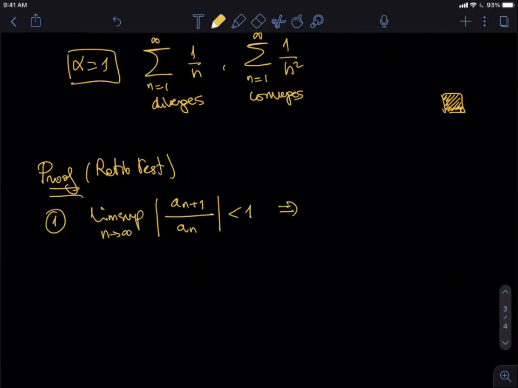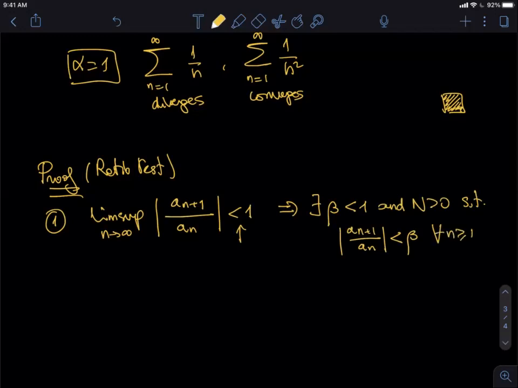That means that because it's less than 1, what did we see in the previous proof? There exists beta less than 1 and capital N positive such that a_{n+1} over a_n is less than beta for all n bigger or equal than capital N. Here I'm saying less than beta.